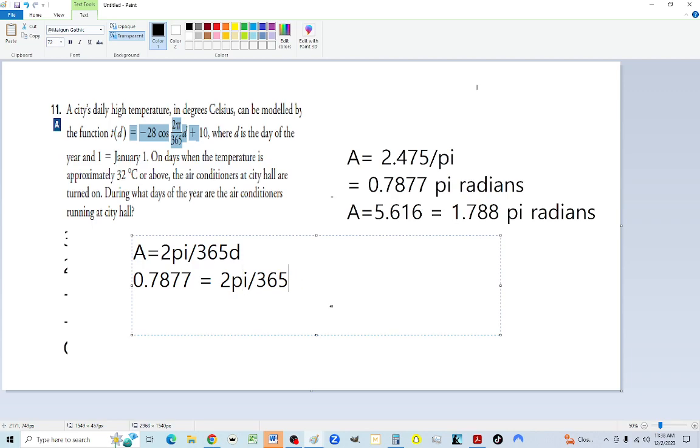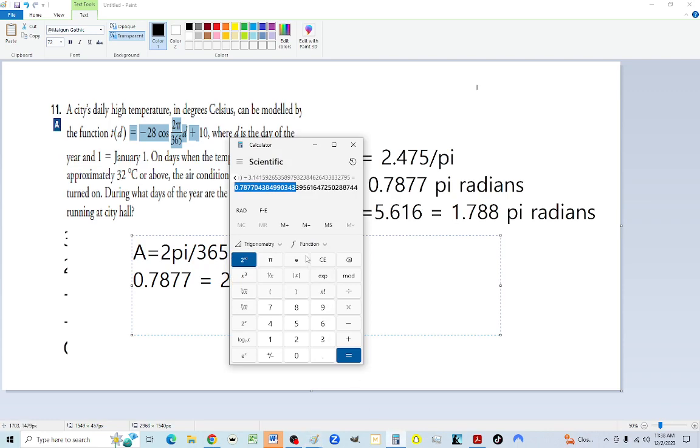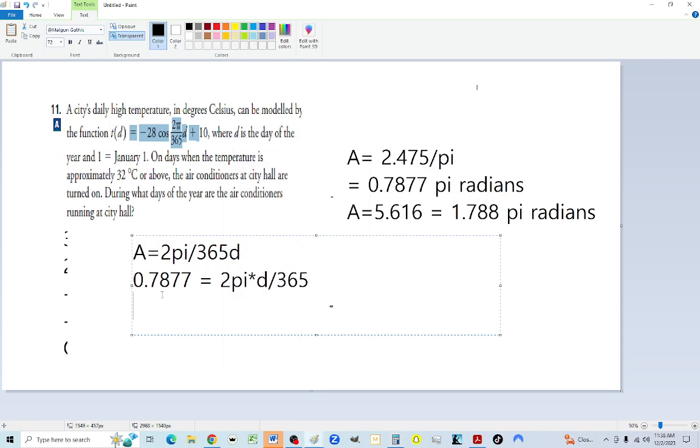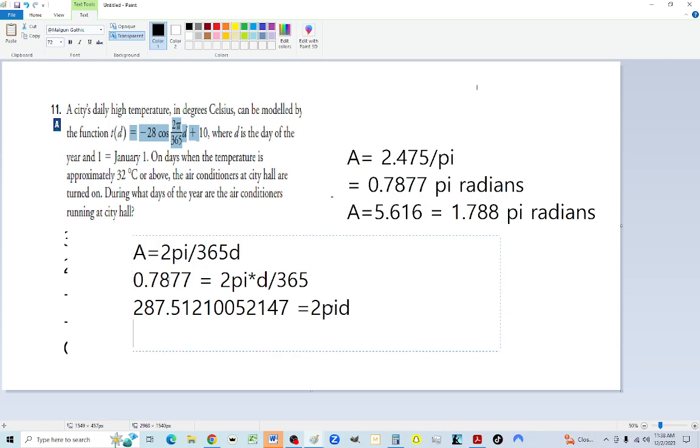What do we do here? So it's actually 2 pi over 365 times d. We have to multiply by 365. Best if you don't round up as you go, by the way. So you get that is equal to 2 pi d. We have to divide everything by 2 pi. Well, now you can see that if I divide by pi, I kind of got rid of the pi radians. So I'll show you the second solution.